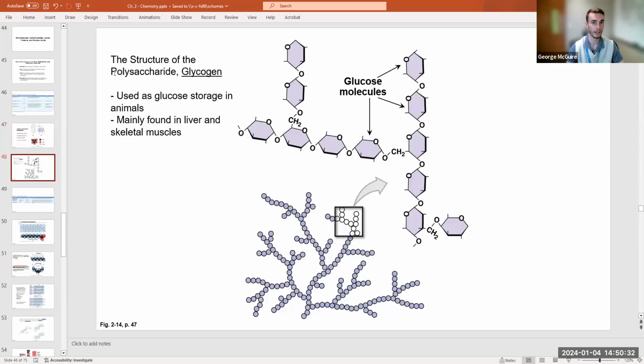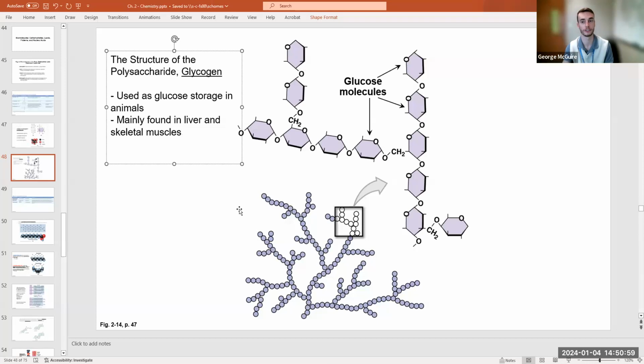So the most common polysaccharide that we're going to be talking about in this class is glycogen. Glycogen is the storage form of carbohydrate in animals. Right? So plants have starch. A potato is a storage organ for starch in plants, which essentially looks the same as this molecule that we're looking at here as glycogen. But in animals, we make glycogen. And so glycogen is just a whole bunch of these glucose molecules bonded together.